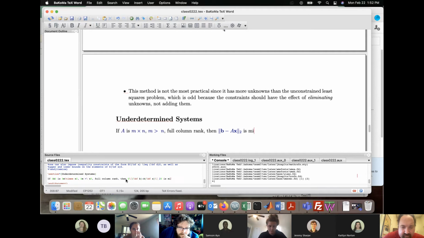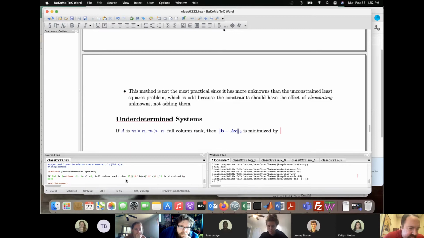And we know how to find a minimum by solving the normal equations, and that gives us this solution formula: X is equal to A transpose A inverse A transpose b. So now I want to talk about the opposite situation.